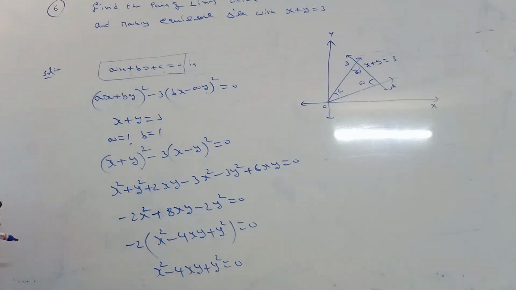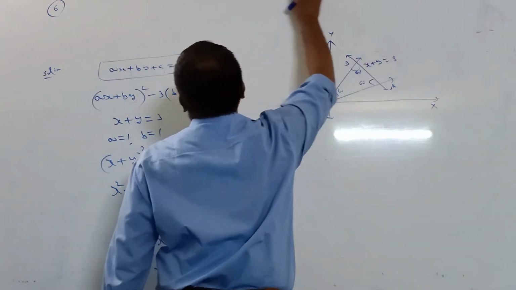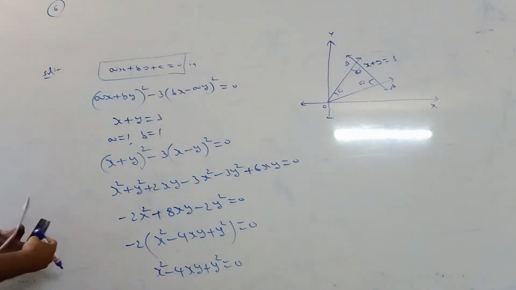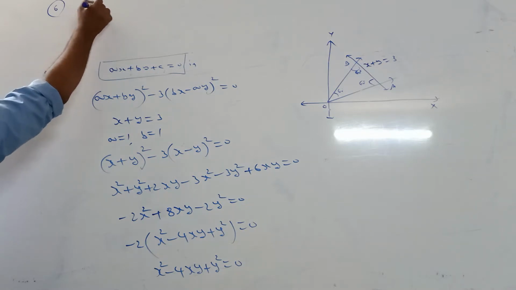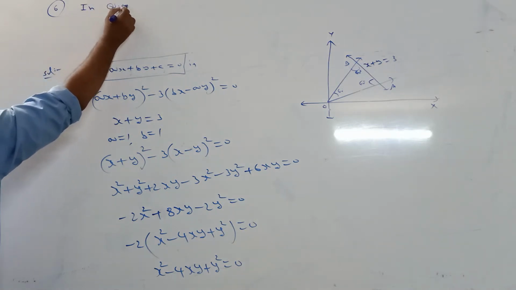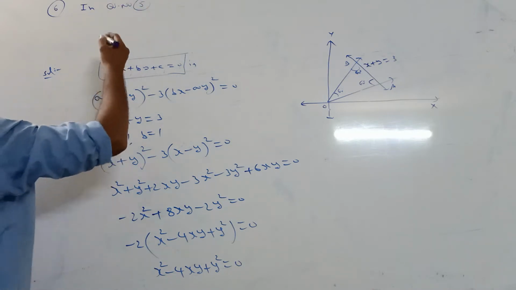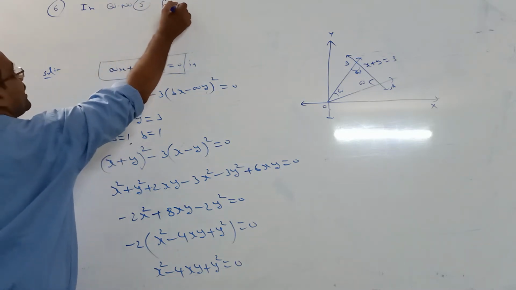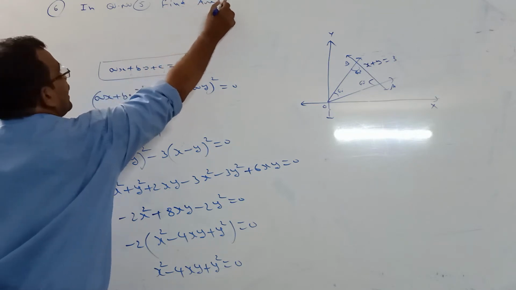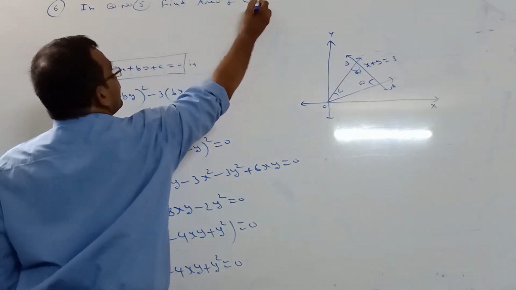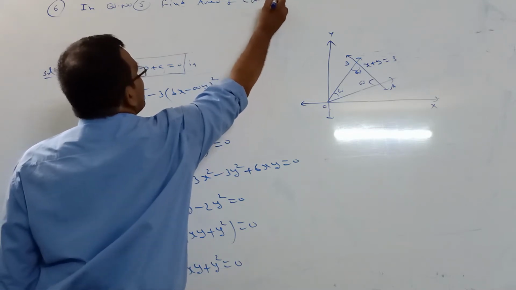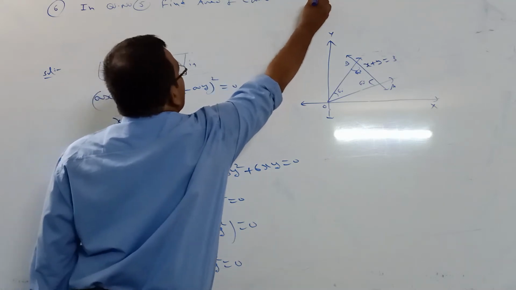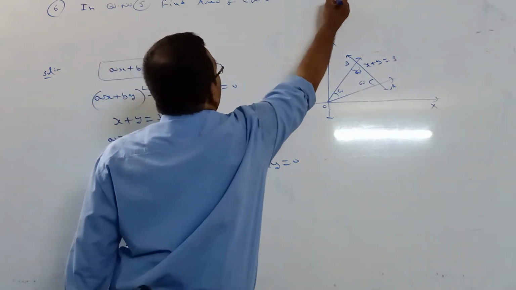Question number 6. In question number 5, find the area of the equilateral triangle also.